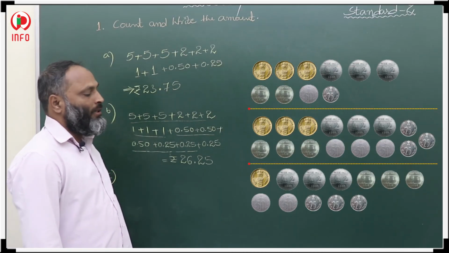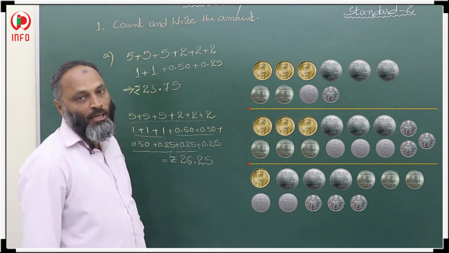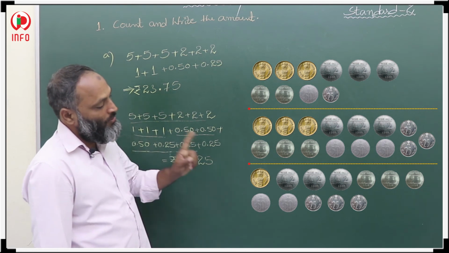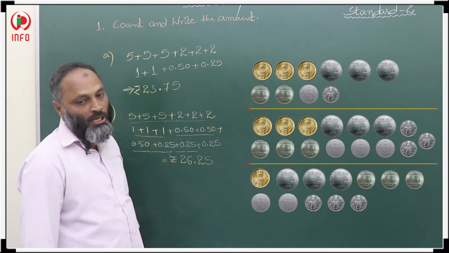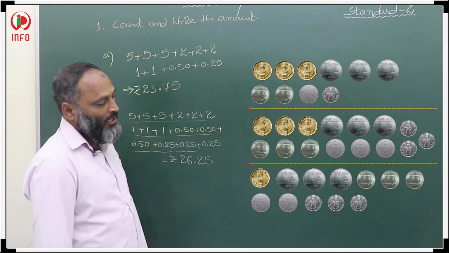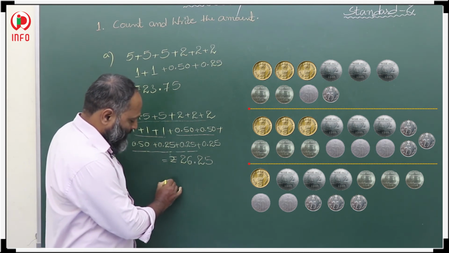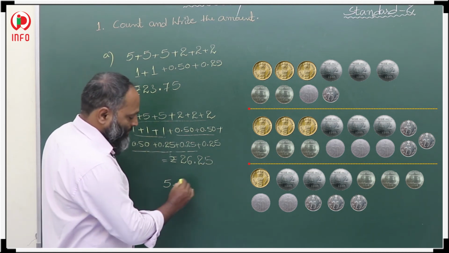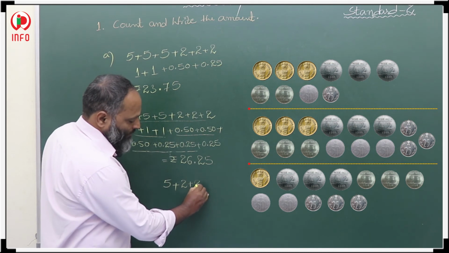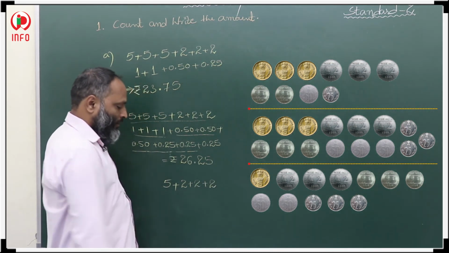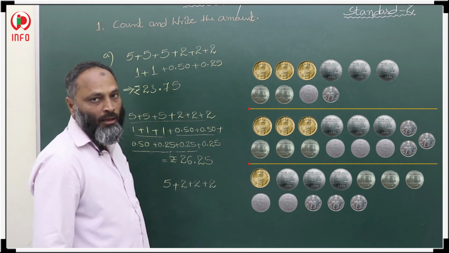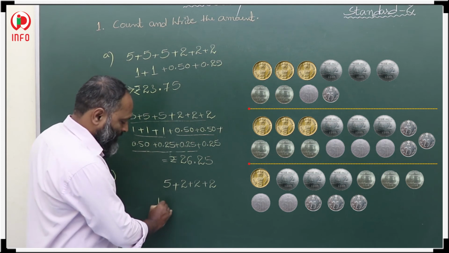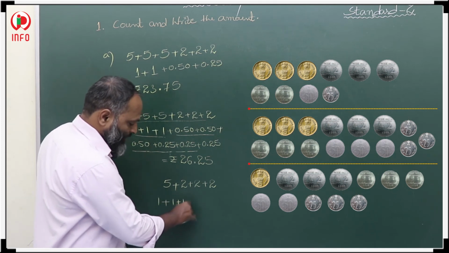In the next question, see here, how many 5 rupee coins are given? 1 five-rupee coin is given. 3 two-rupee coins are given, 2 plus 2 plus 2, 3 times. And 3 one-rupee coins, 1 plus 1 plus 1.